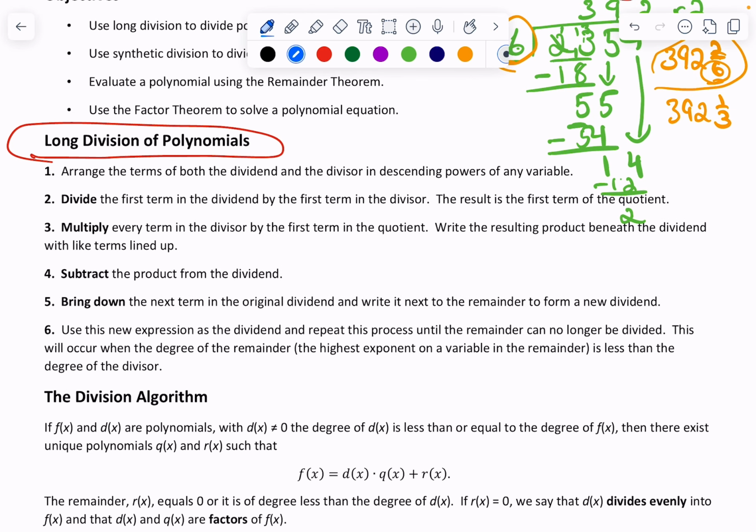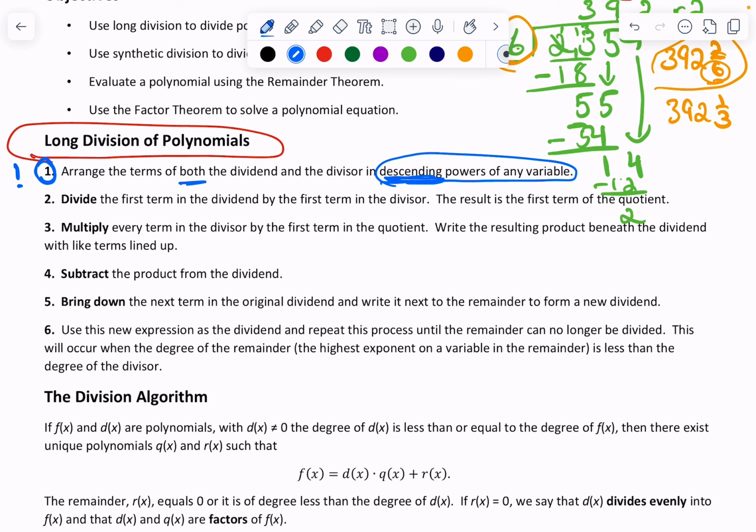Okay, so what we're going to do is, this first part is very important here. Number 1, make sure that you are arranging the terms of both the dividend and the divisor in descending powers of any variable. So it has to be descending powers. And then number 2, we're going to divide the first term in the dividend by the first term in the divisor. And the result is the first term of the quotient.